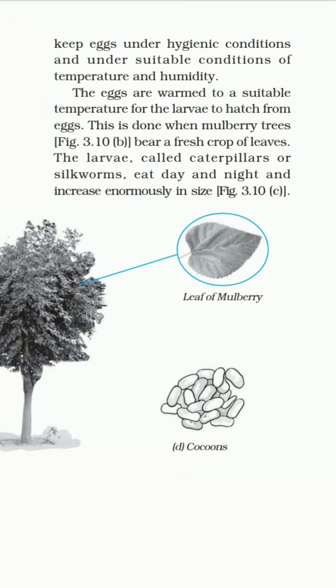Okay. So the eggs are warmed to a suitable temperature for the larva to hatch from eggs. This is done when mulberry trees bear a fresh crop of leaves. The larvae, called caterpillars or silkworms, eat day and night and increase enormously in size. Enormously means, class, larger in size, bigger in size. Okay.